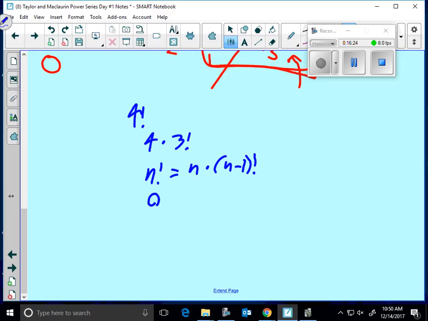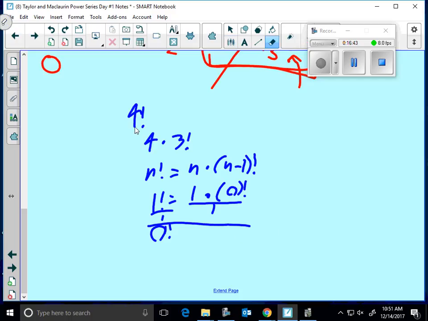So 1 factorial is equal to 1 times 0 factorial.